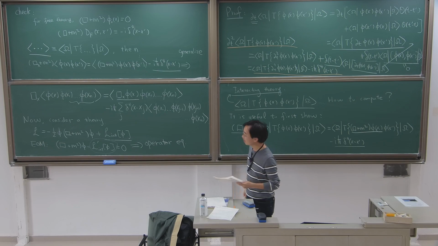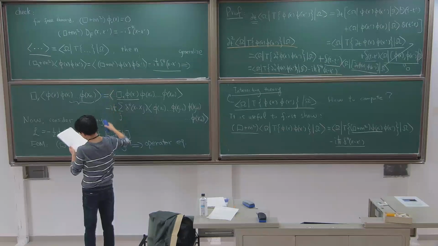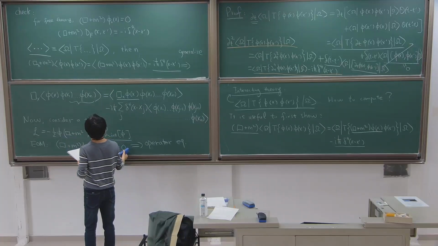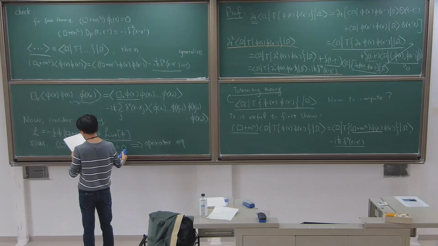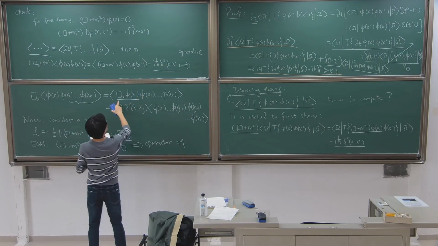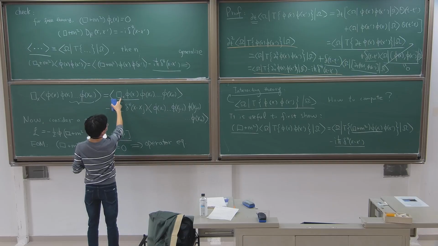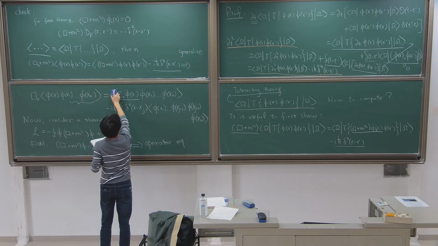So what does this mean? This means I can replace this term as that. I just rewrite this box as carrying M squared. That doesn't really matter.